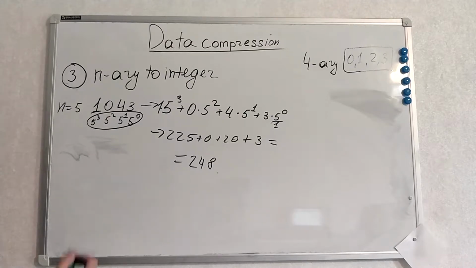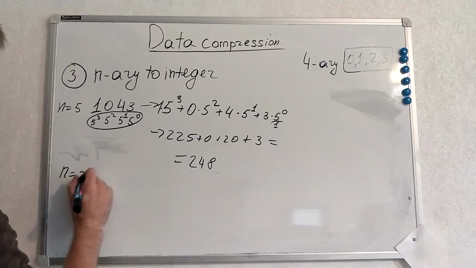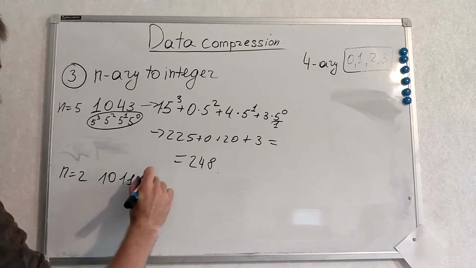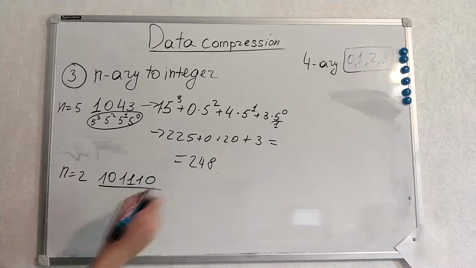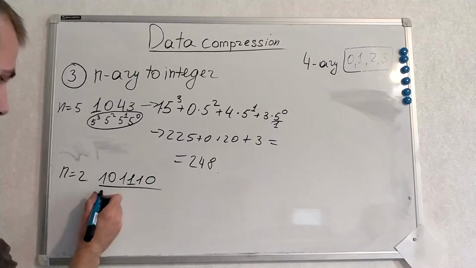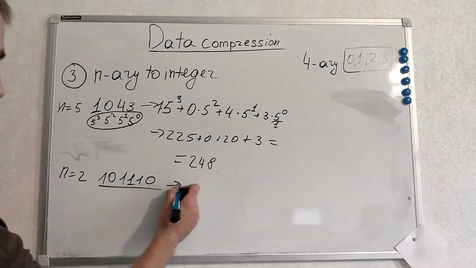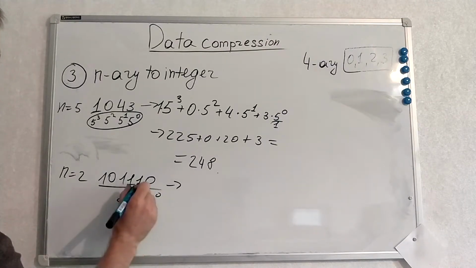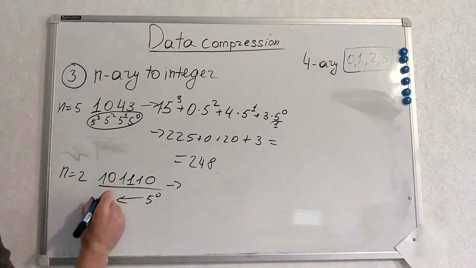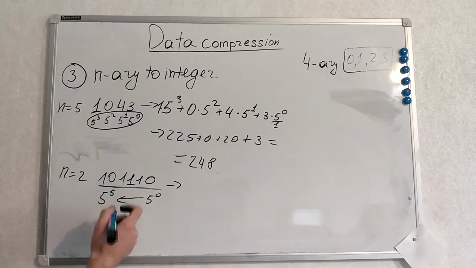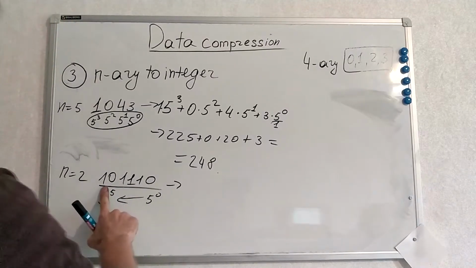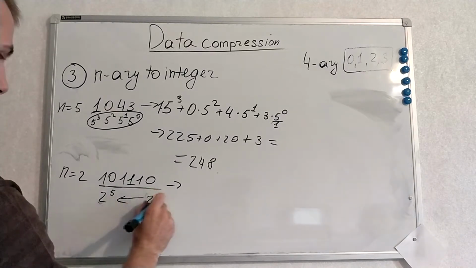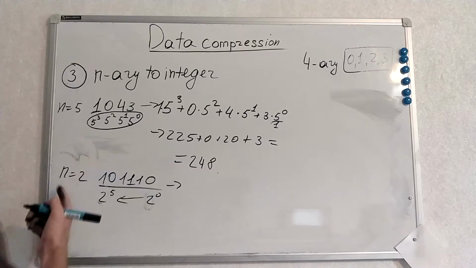Let's work it out with the binary system. Let's say we have this number, whatever, it can be any number, and we find the corresponding powers of 2. Wait, I mean 2. It will be 2 in some power. I'm sorry. Because n is 2.